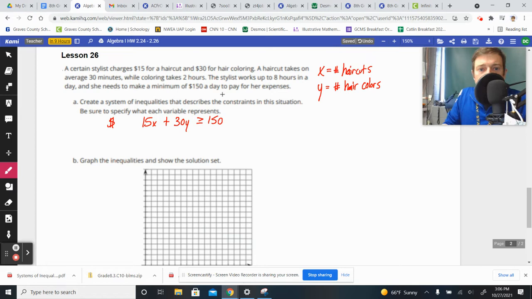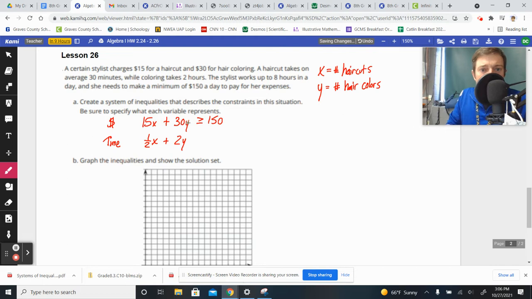And then let's make another inequality that represents time. Every time that I give a haircut, it takes 30 minutes, shown right here, an average of 30 minutes. So that would be half an hour per x, plus 2 hours per coloring.